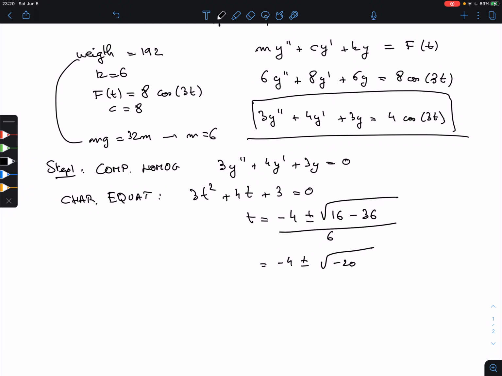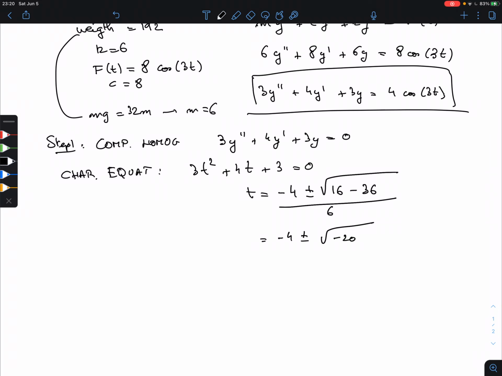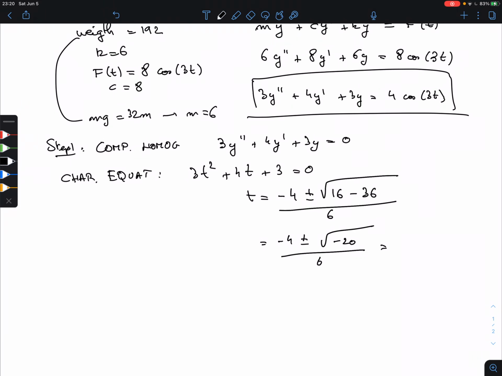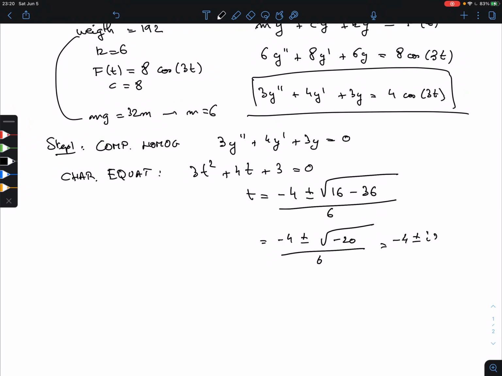But it's 4 times 5, so a 2 comes out, an i comes out, and I have radical 5 left. And that divided by 6, we can simplify by dividing by 2: minus 2 over 3 plus or minus i times radical 5 over 3.